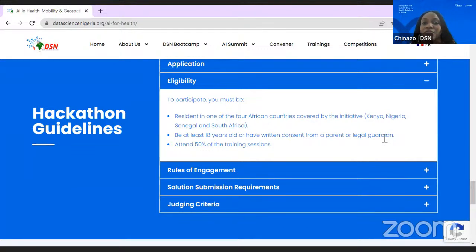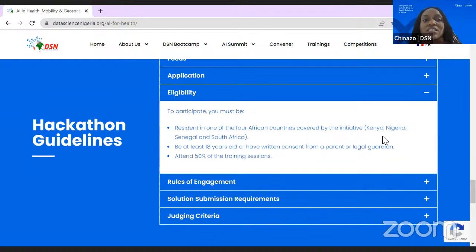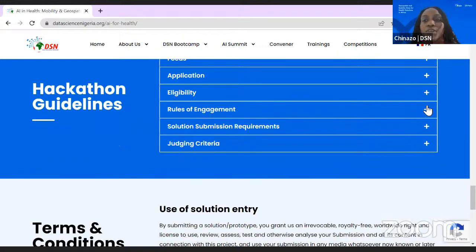The requirement to attend 50% of the training sessions, we will scrap for our participants so that we can accommodate diverse, unique solutions. We don't want to restrict the solutions to people that attended the classes.